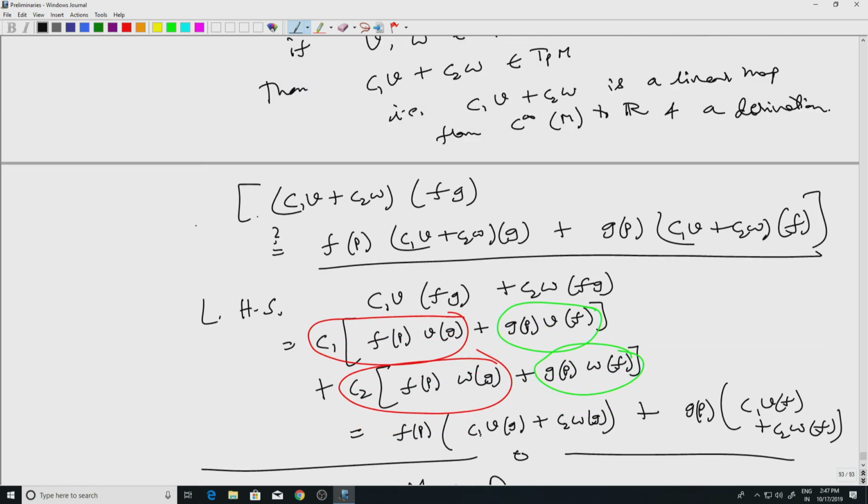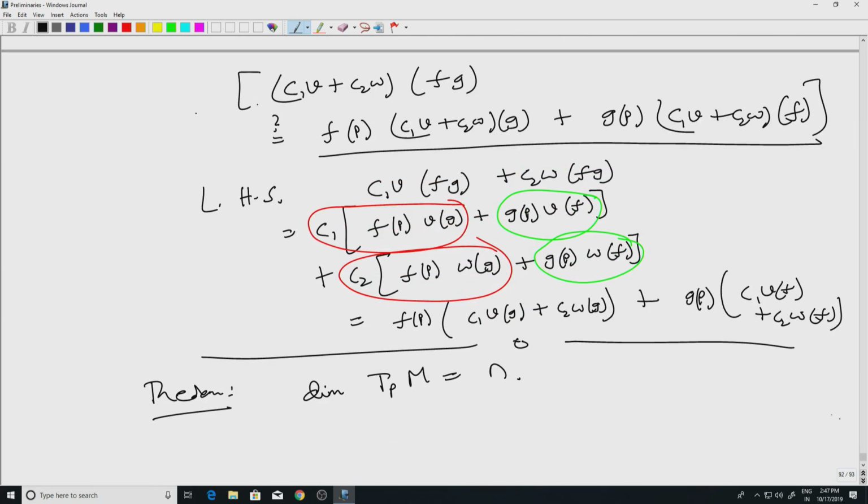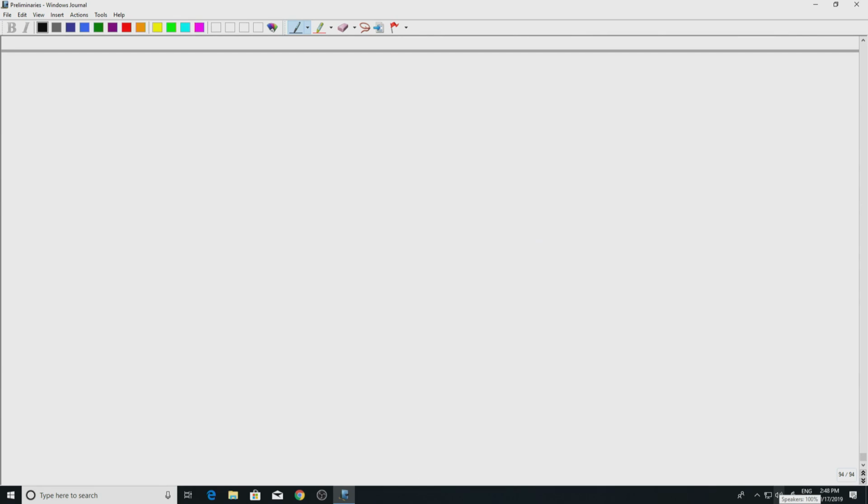Now what we have proved in the last lecture is about Tp Rn, when the manifold is Rn itself.